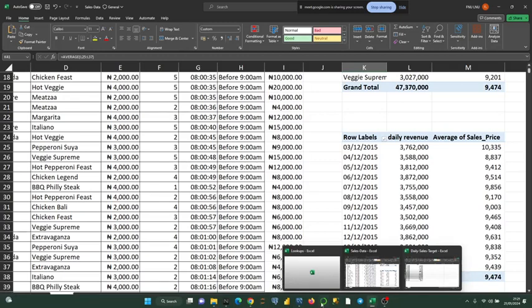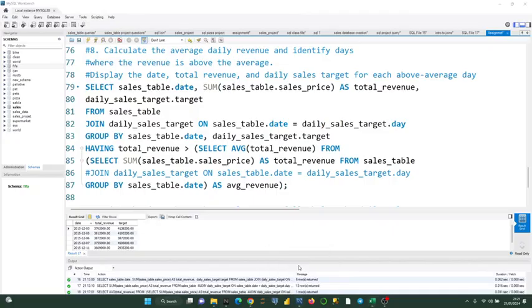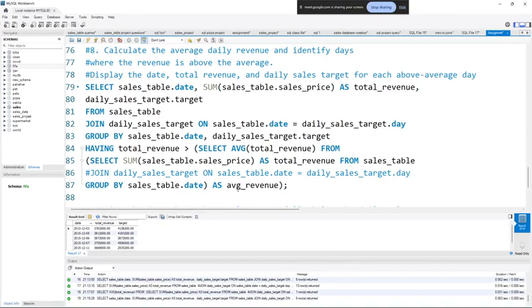What I'm saying in this particular statement is that whatever you are doing, make sure that the days I have are the days on both tables. That is, there are days that we have a target, because we need to show our daily sales targets too.